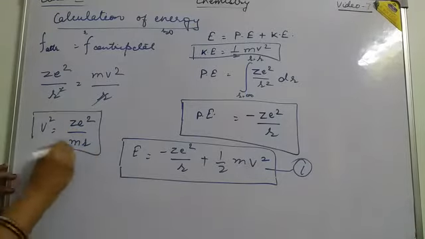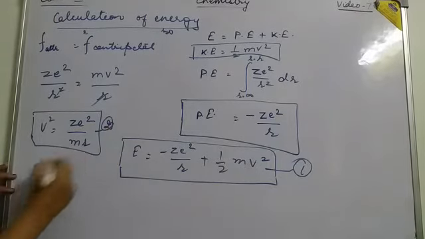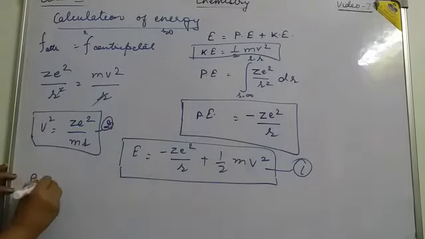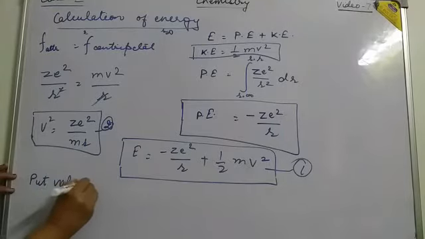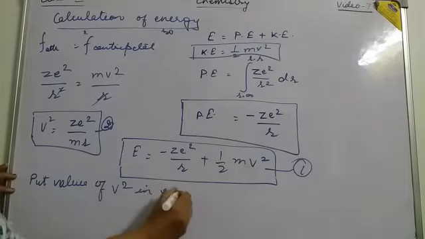By putting the value of this v square in equation 1, this is equation 2. Put the value of v square in equation 1.